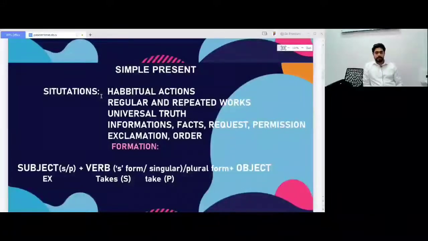Unfortunately, this is one of the tenses mostly spoken mistakenly by many students from non-English speaking countries. So simple present is very, very important, mostly when you're writing essays and when you speak about any topics in speaking.